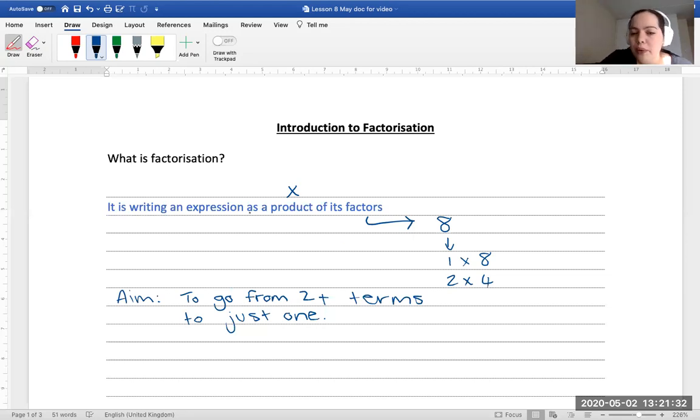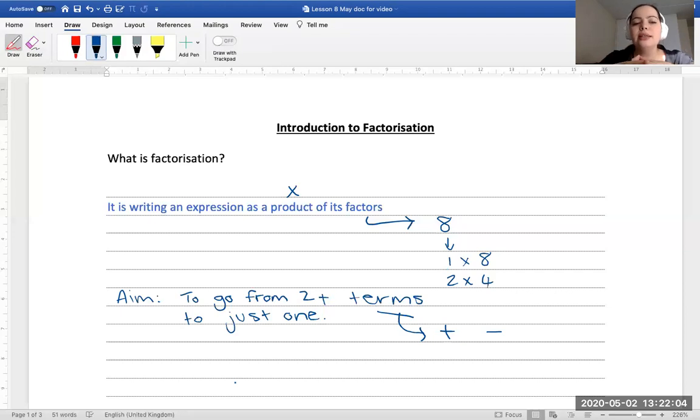Please remember, when we're talking about terms, if you recall from our extension exercise, a term is separated by a plus or minus. When we create something that's a product, it's being multiplied, so it's not separate terms. So 1 times 8 is technically one term because it's not being separated by plus or minus. That's the general idea for what factorization is, and it's okay if for right now that doesn't make complete sense.